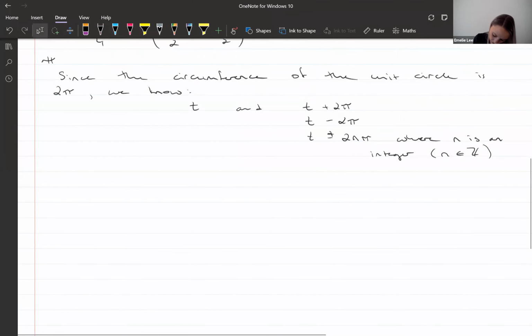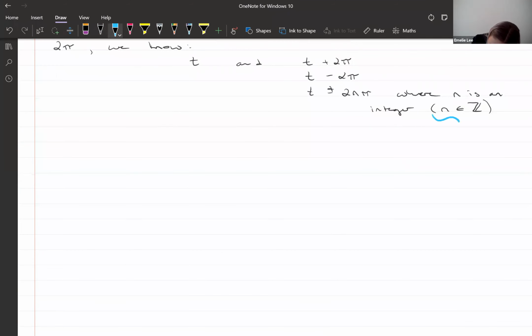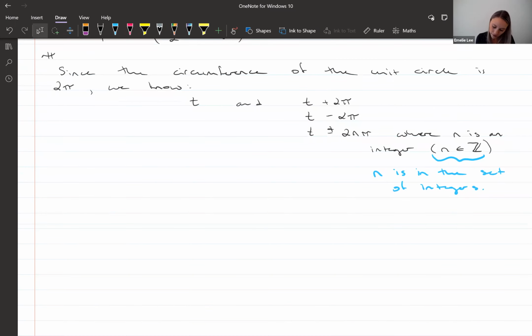This is how we could write it, and I should make this cleaner. n is in the set of integers. Right? That's from way back. But that's how we're going to write it. So if n is in the set of integers, then n can be anything from negative infinity to positive infinity, but only whole numbers, right? Negative 4, negative 3, negative 2, negative 1, 0, 1, 2, 3, 4, 5, and so on. Okay.